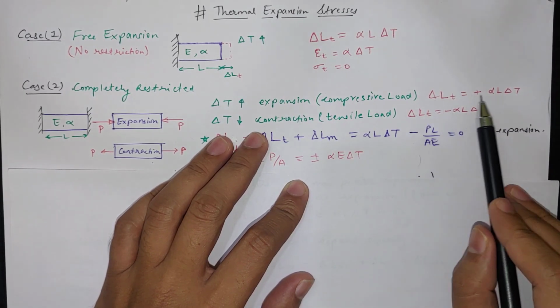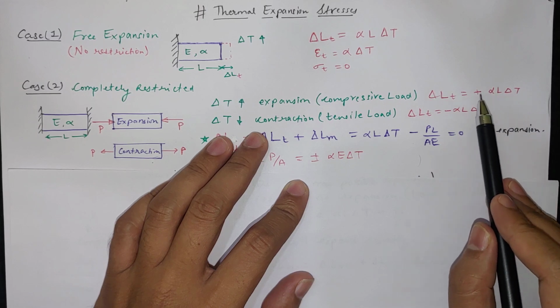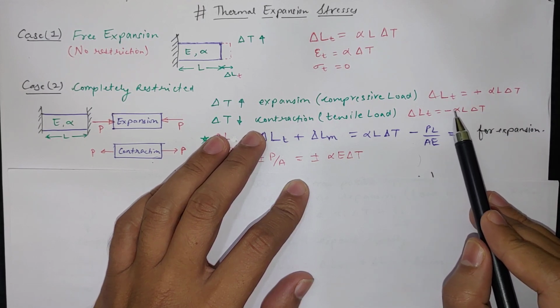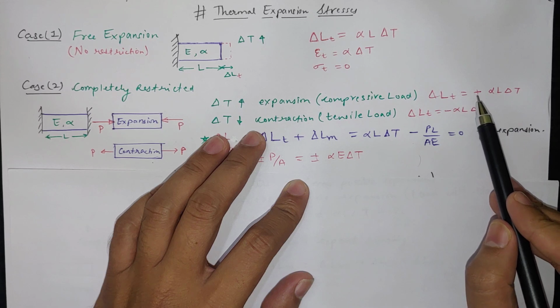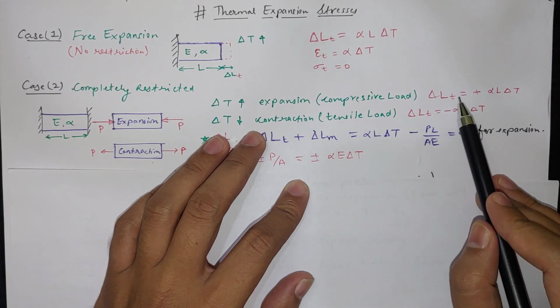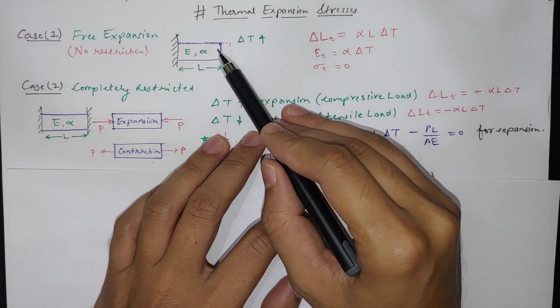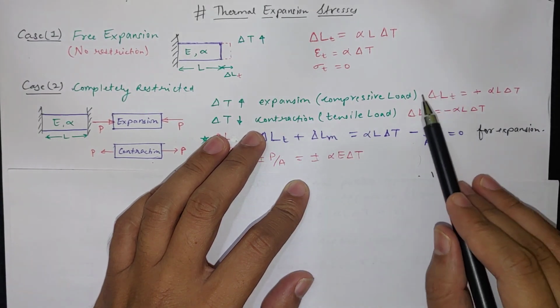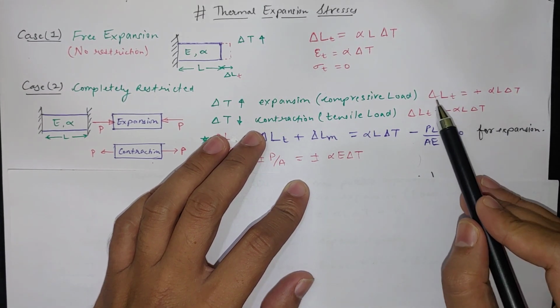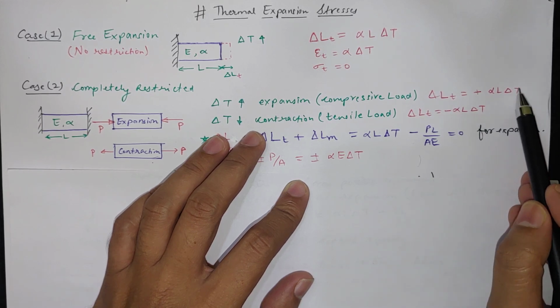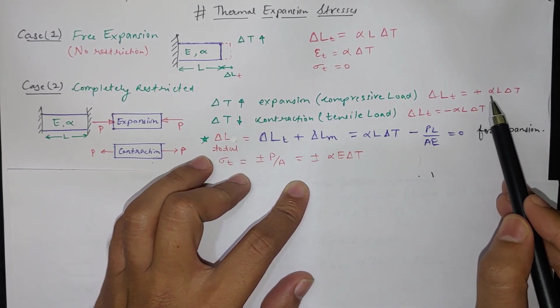So here delta L will be alpha L delta T, but the direction, positive or negative, depends on whether it is tensile or compressive. In compressive, thermal stress will be positive like the free expansion case. So delta L due to thermal will be equal to alpha L delta T only, but now we are restricting this expansion.